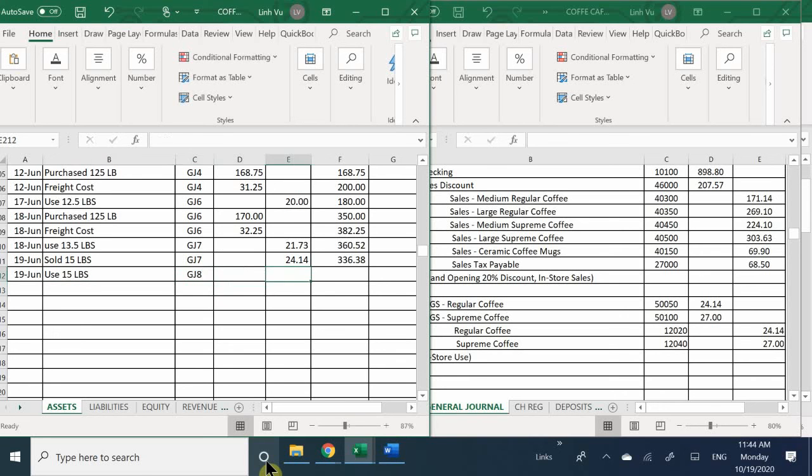Okay. And I'm going to credit my amount for $24.14. So what is my new balance in my inventory account for regular coffee? $312.24, which is exactly what matched in our inventory worksheet.